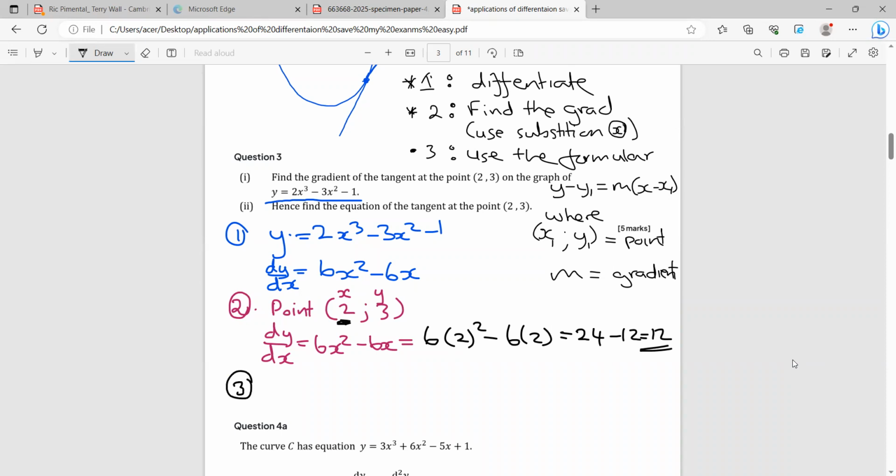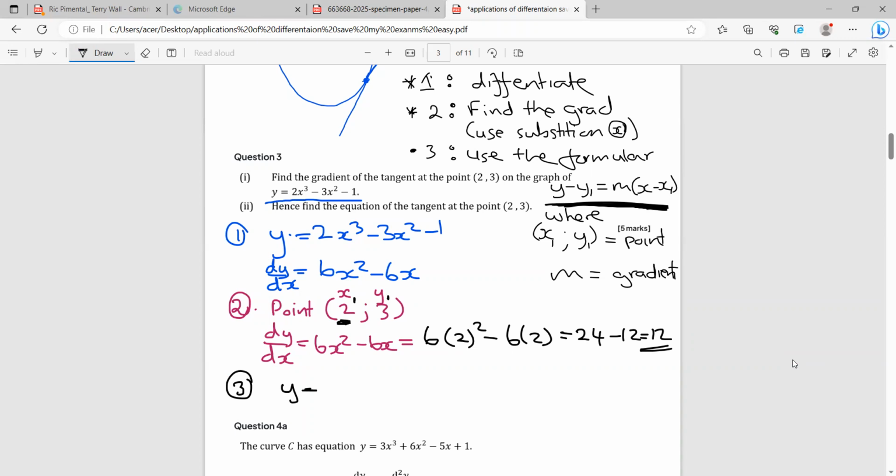We have the gradient, and we want to find the equation of the tangent. For that, we need to use what I said in the notes. Just use this equation, your gradient, and your point. The given point gives us x1 and y1.